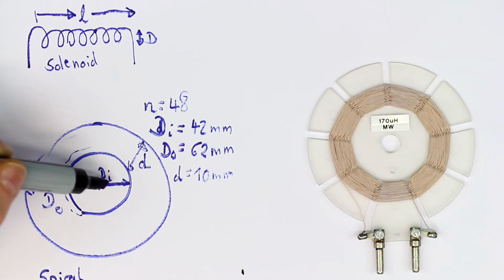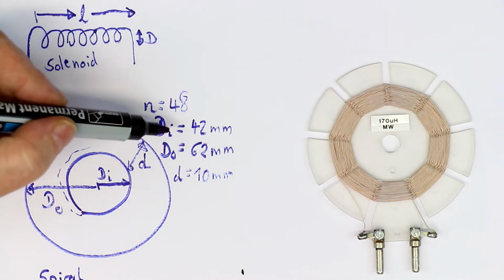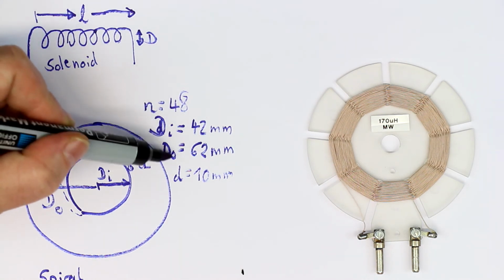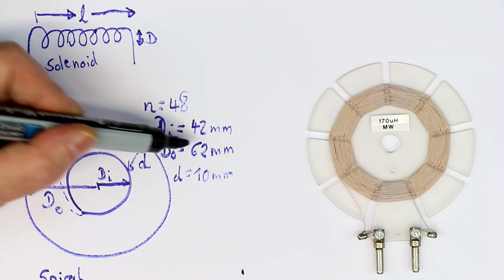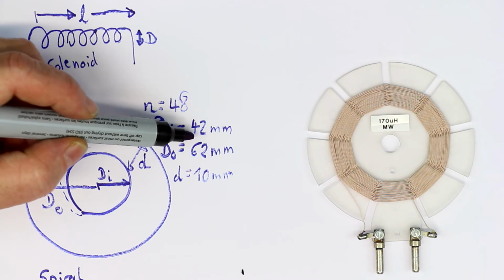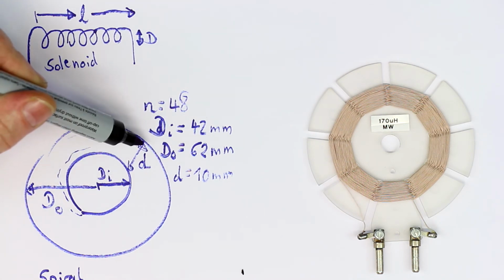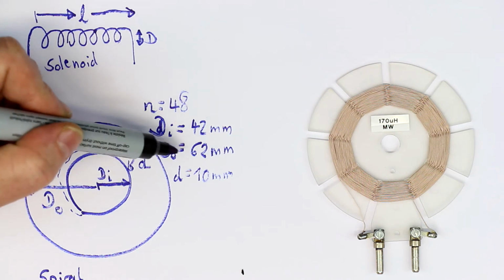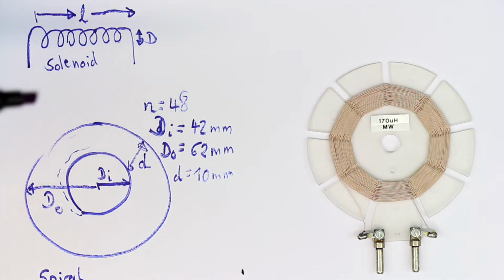Now this area of course changes, and because the area goes with the square of the diameter, we try not the arithmetic mean between the inner and the outer diameter. That would of course be 52 millimeters. But because the area goes with the square of the diameter, we take a value nearer to the outer diameter.